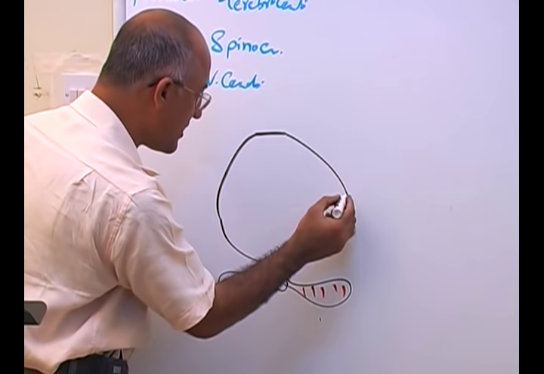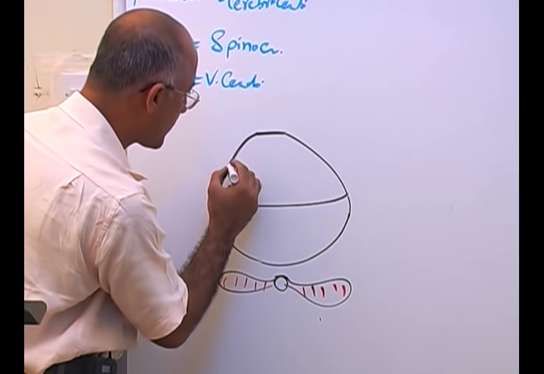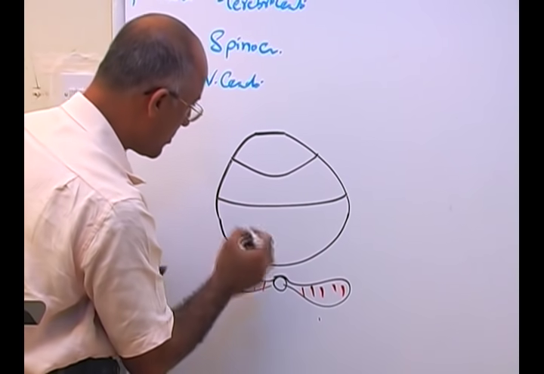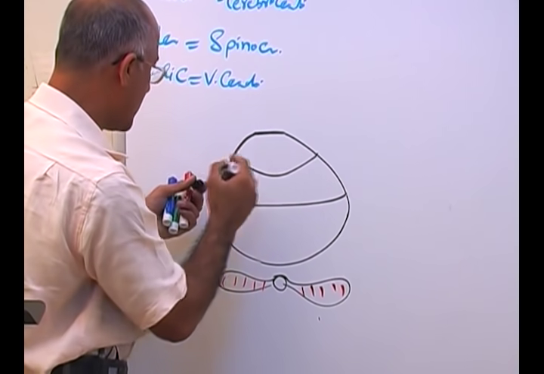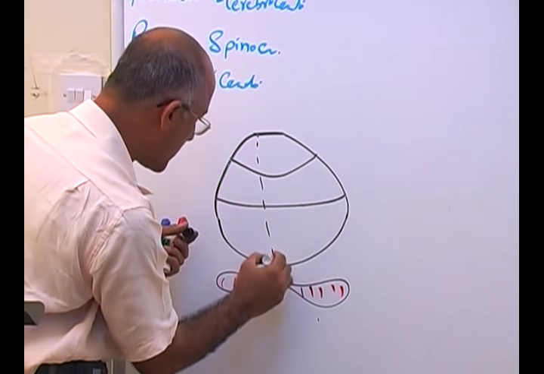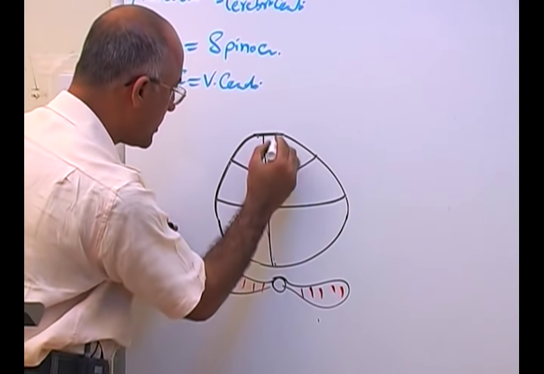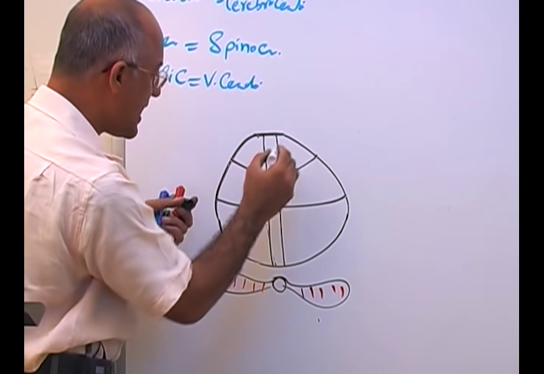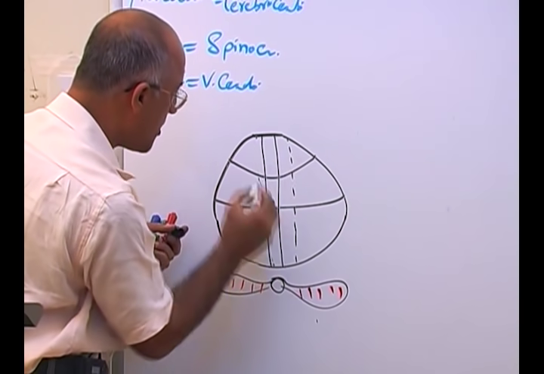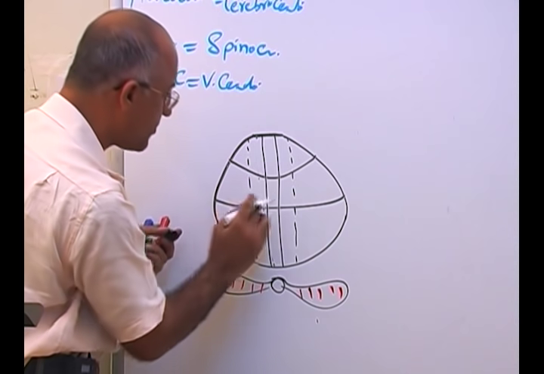You remember that there was something like this here, right? And what was this area? Yes, vermis, and outside that what was? Paravermal area. Is that right?